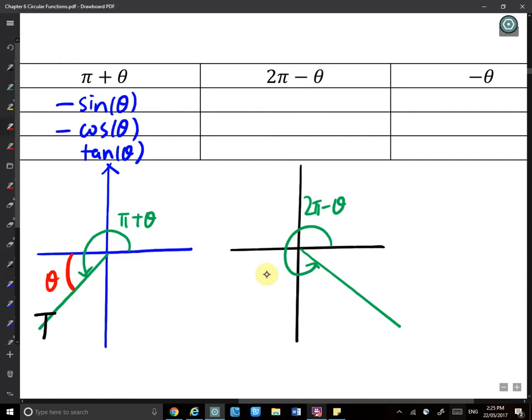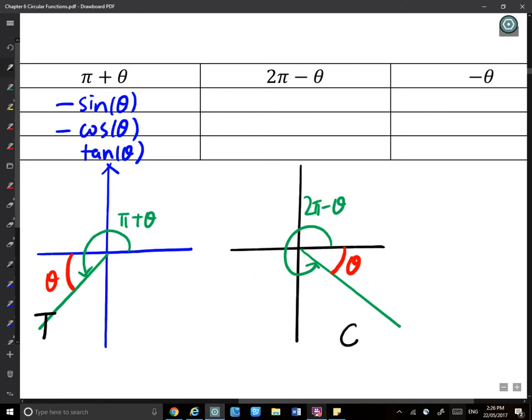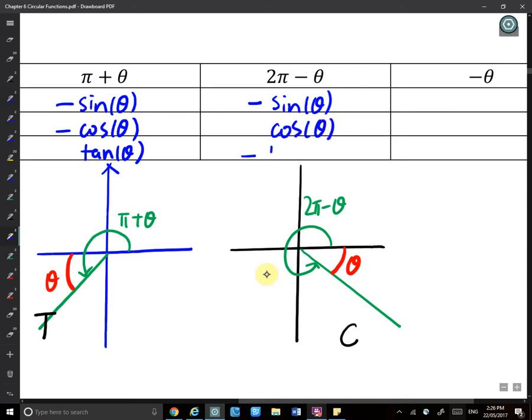Therefore, the reference angle will be theta, made with the x-axis. And this is the cosine quadrant. So sine of 2 pi minus theta will become sine theta, but it will be negative. Cosine just becomes cosine, and tangent will become negative tangent.